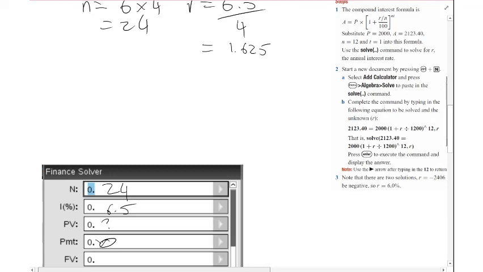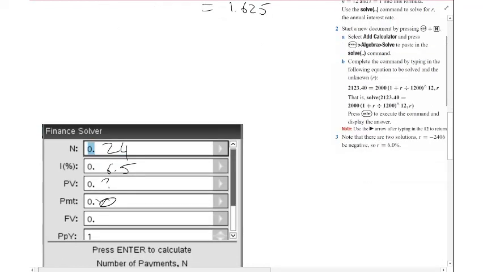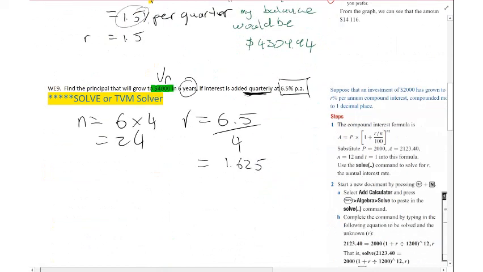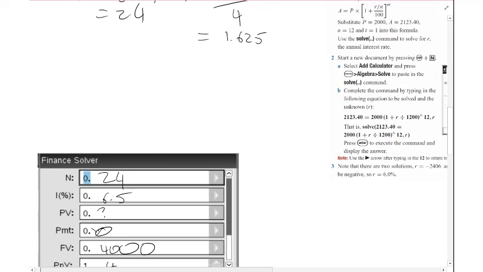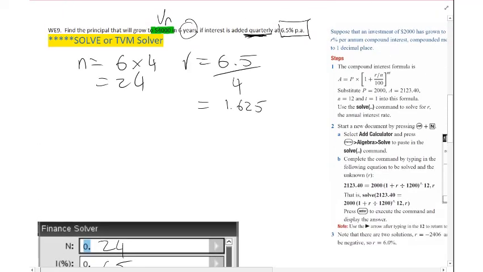Final value, I know the final value, that's 4,000. And my PPY, my periods per year, is 4. We'll put that in the calculator in a moment, because this is TVM.